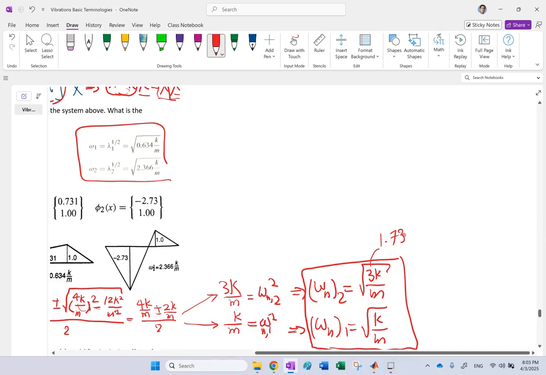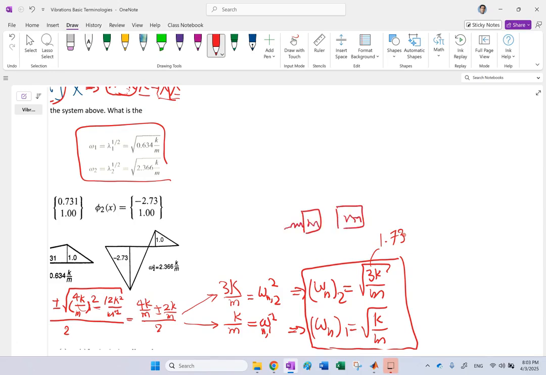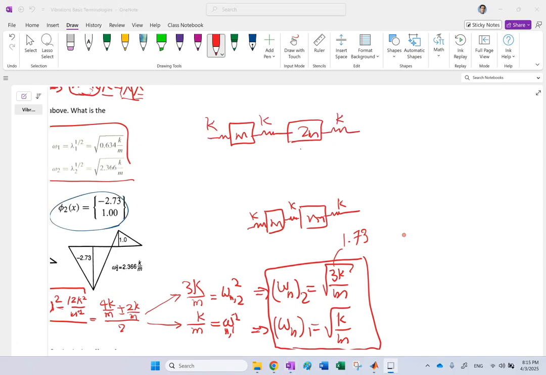So what do you see here? Let's take a look. If I made one of the masses, so here again, these two masses are the same with all these k's. Here, one is m, the other one is 2m. So which system has bigger frequencies?